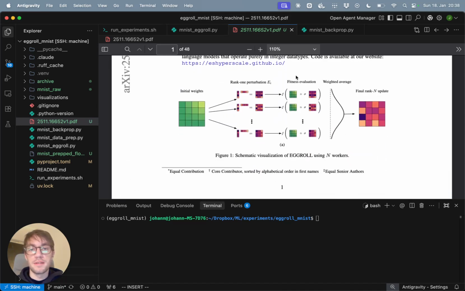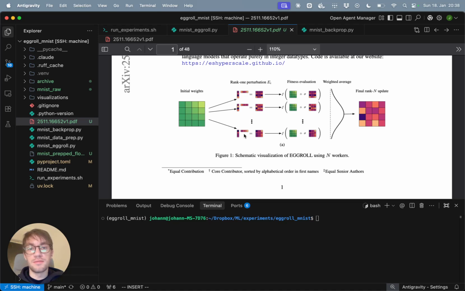It's obviously about evolution strategies, but the authors introduced a way of not using full-rank noise perturbations, full-rank matrices for the noise, but low-rank versions, even rank 1 perturbations, which is what I'm using in my implementation.